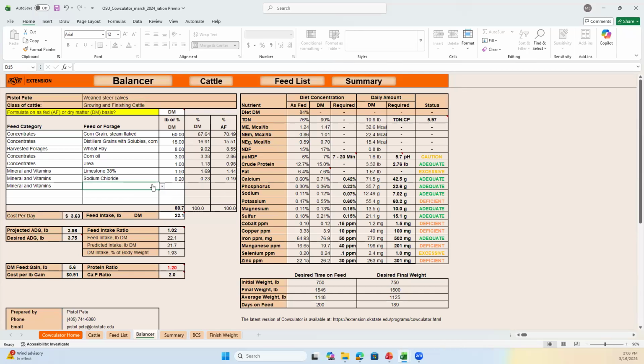Okay. So we start with our potassium. Okay, 0.1 got us there. Cobalt's only moderately deficient, or like minorly deficient. So next, let's do copper.